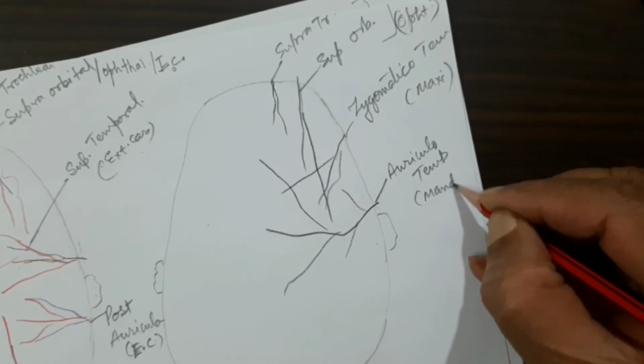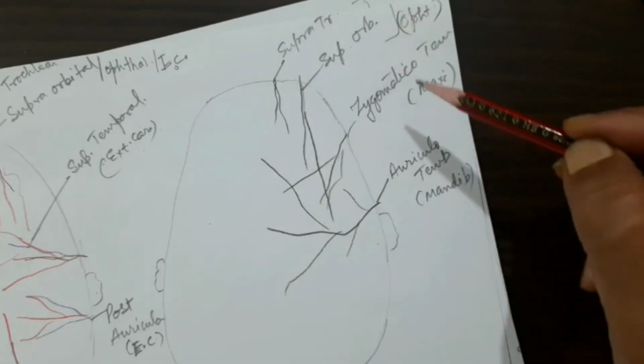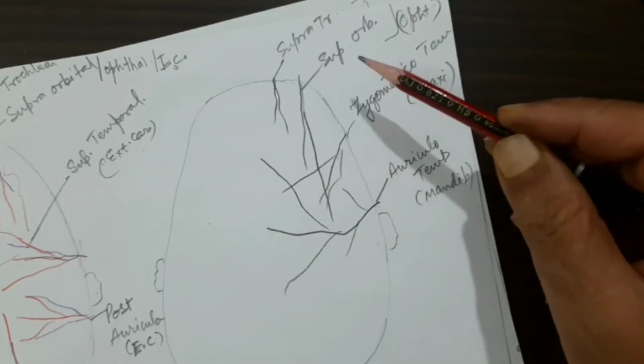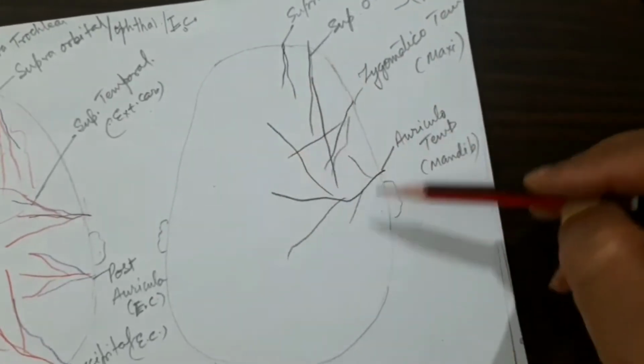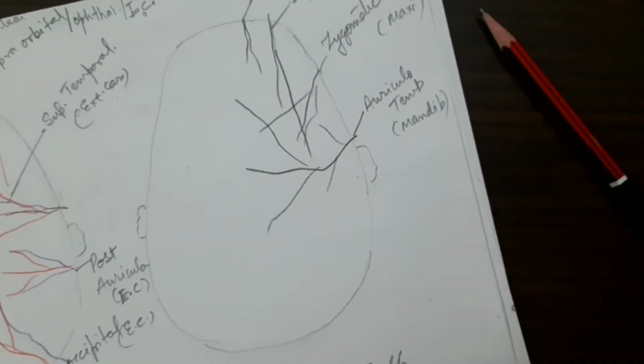So all three divisions are represented in front of the ear: ophthalmic, maxillary, and mandibular. There are three different branches, and they will supply this part of the scalp in front of the ear.